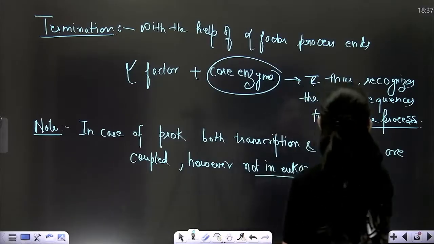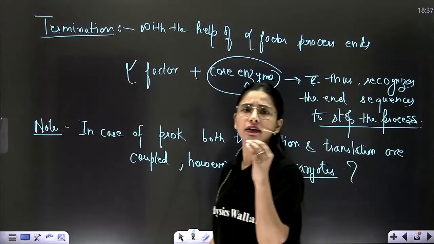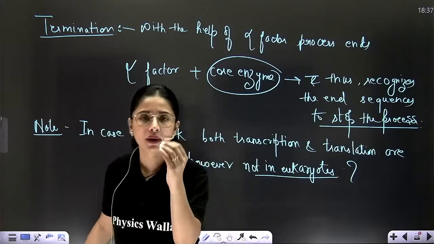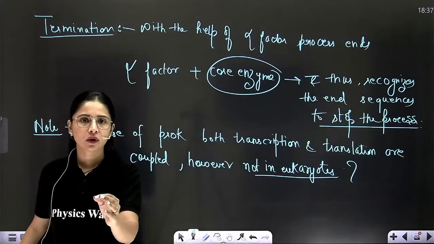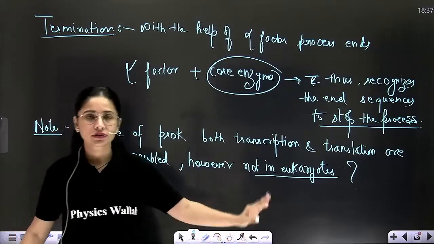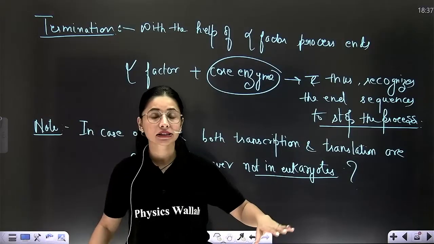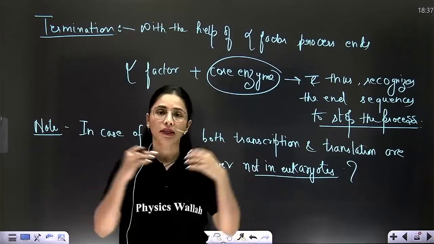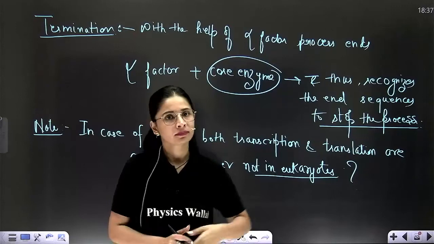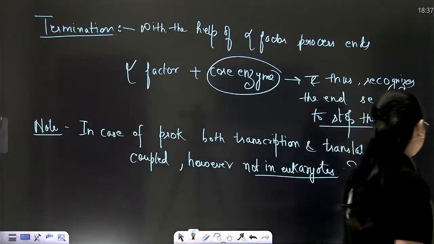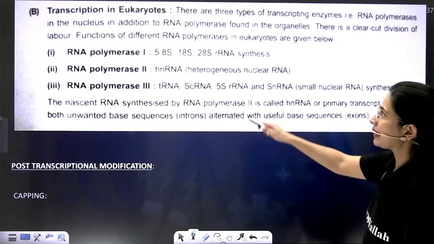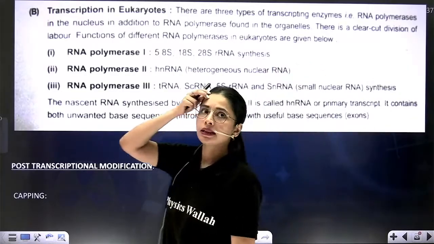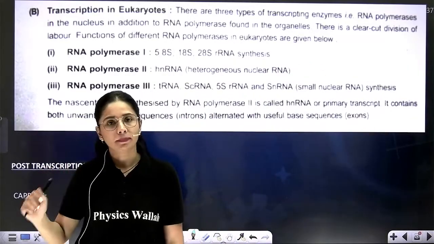Now, the question comes to mind, what could be the reason? What is the reason that in case of eukaryotes, these two processes, transcription and translation, are not coupled? What can be the reason? So let's check out the three reasons behind why in eukaryotes the process is not coupled.